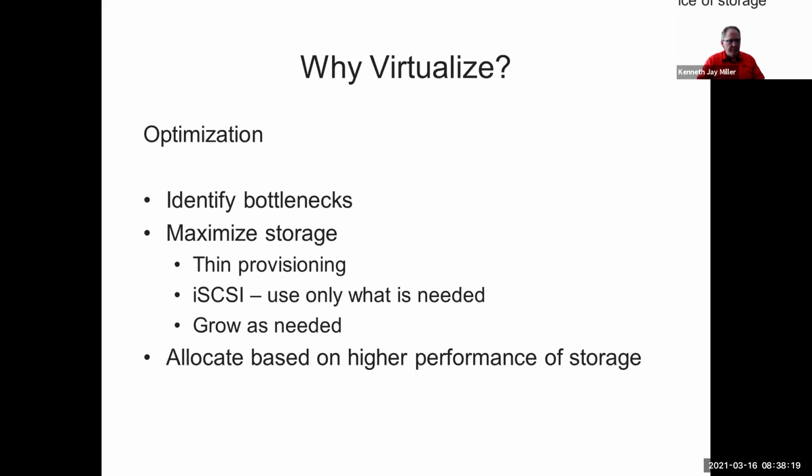They're going to become less and less, but we still would have that infamous IT call of "my system's slower. It doesn't seem to be as fast as it used to be." So this is where we can optimize our environment, and this is where we can identify bottlenecks.